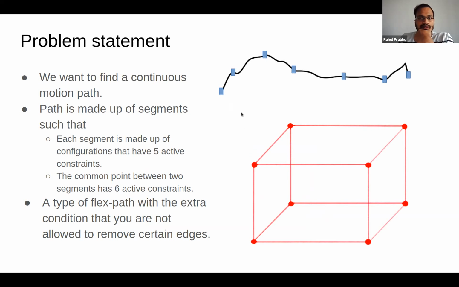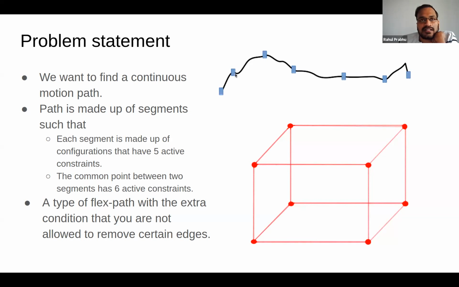So we want to find a continuous motion path, and this path is made up of segments. These little squares along the path are all rigid configurations. I start from a rigid configuration, drop a constraint, so I have 1 degree of freedom. I flex the molecule and end up in a different rigid configuration.